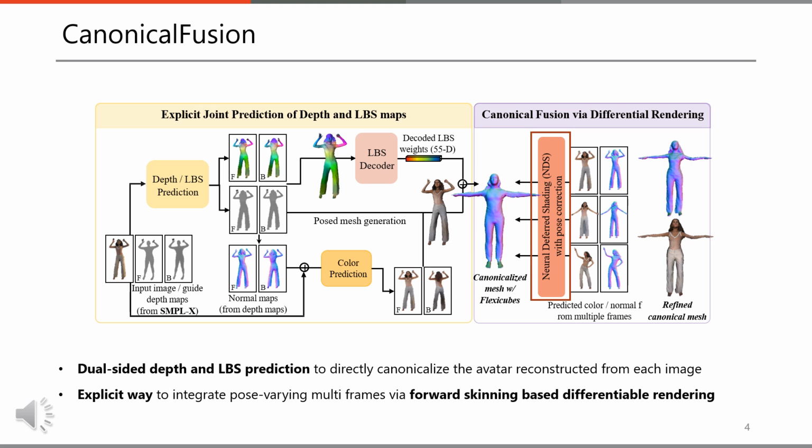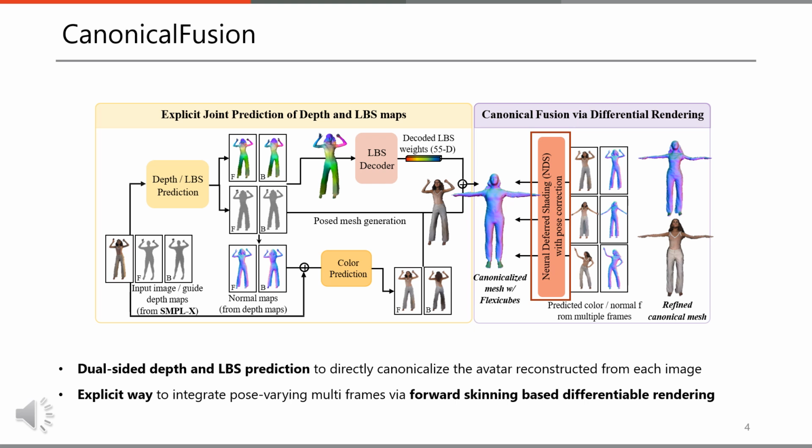Here, the LBS map is compressed into a 3D value through an MLP, multi-layer perceptron, instead of the usual 55 dimensions, and this compressed LBS map is decoded back into 55 dimensions through an MLP decoder. Using this method, we can canonicalize the posed mesh obtained from the depth map with the predicted LBS.